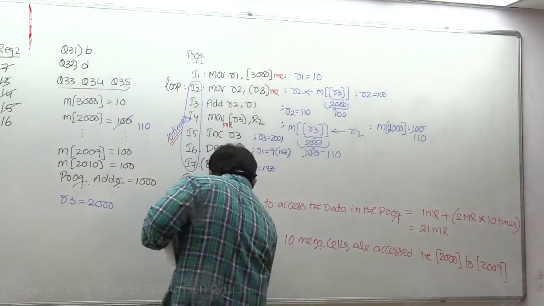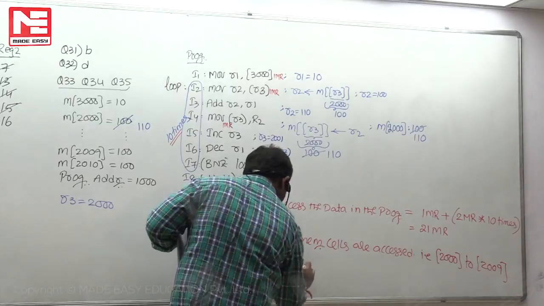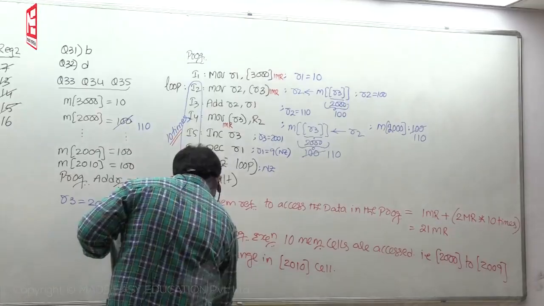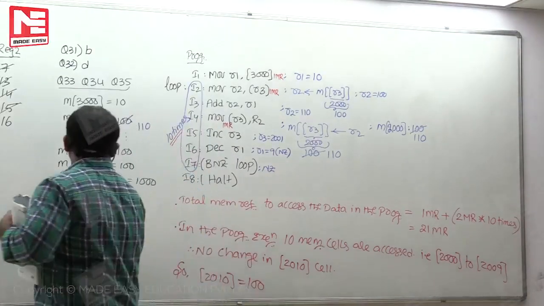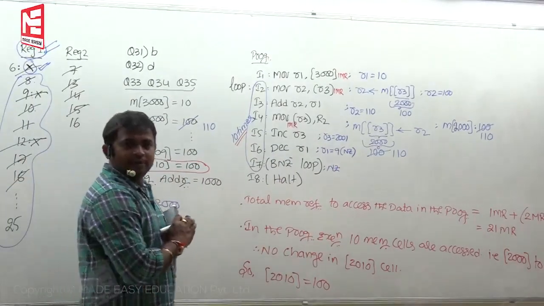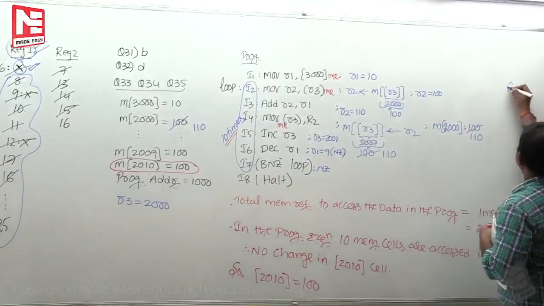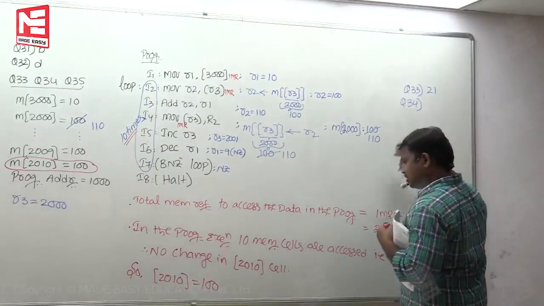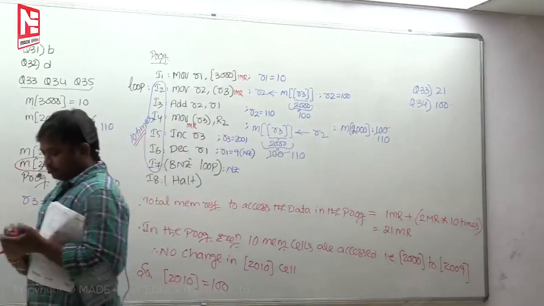Therefore, no change in the 2010 cell. So the 2010 cell contains 100 only, that is initialized with 100. That same 100 will be present. Got the point? So question number 33, the answer is 21. 34, the answer is 100.